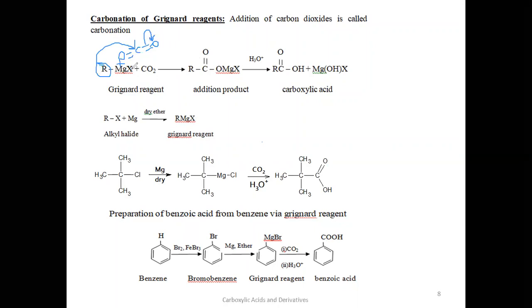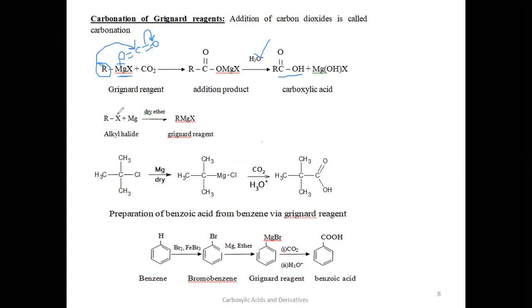This negative charge is satisfied with the positive charge of this MgX. So OMgX. This upon hydrolysis in the presence of acid, it will become RCOOH. So you can remember it as it is, RMgX. Mechanism is not required, but for your convenience, I am telling this one.